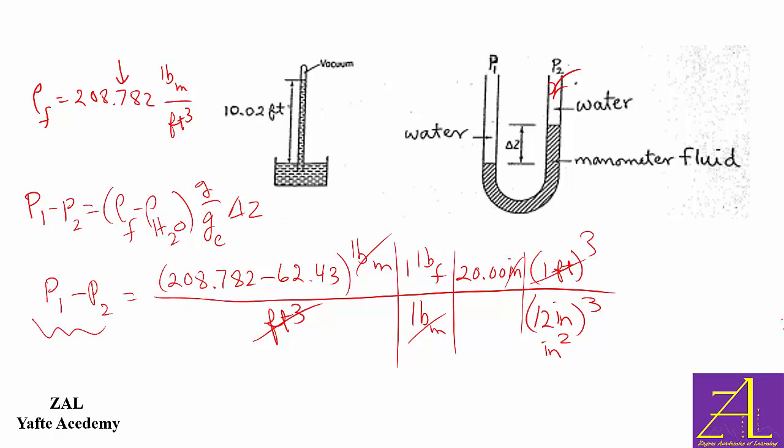This is differential pressure, so we may write PSI or PSIA. The answer would be 1.69388. Last significant digit would be this one. Therefore, rounding off, 1.694 PSI or PSIA, really doesn't matter, because in this case it's differential pressure.